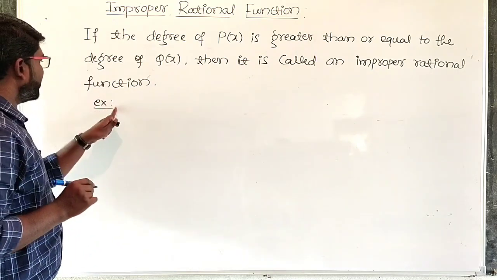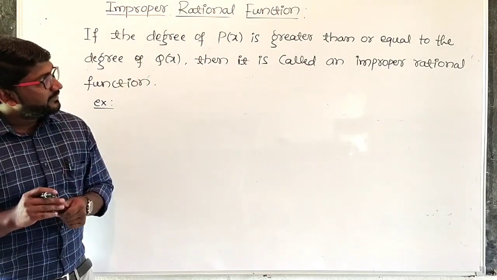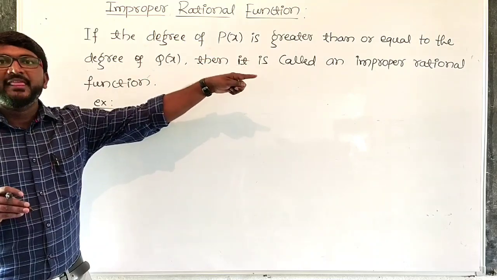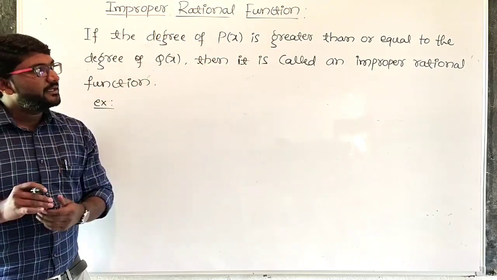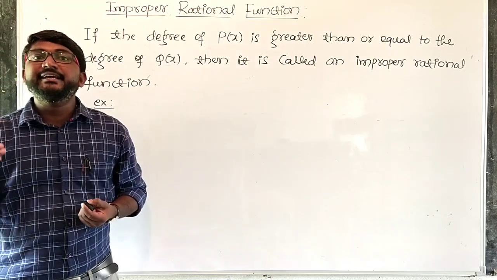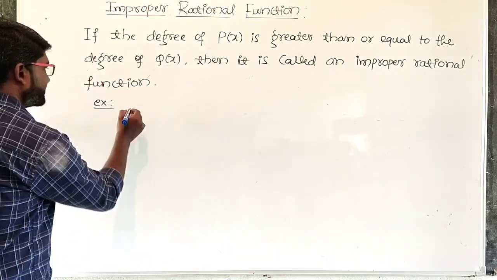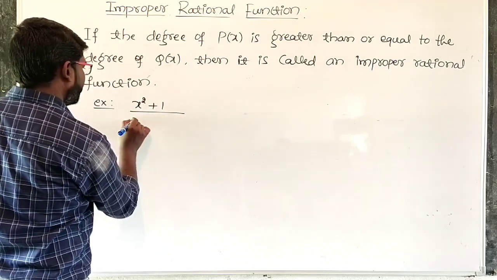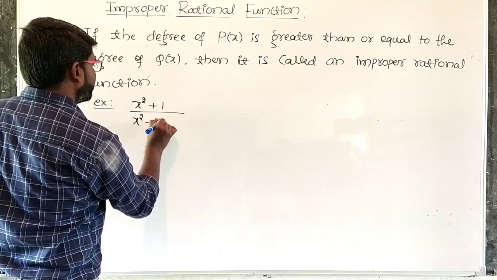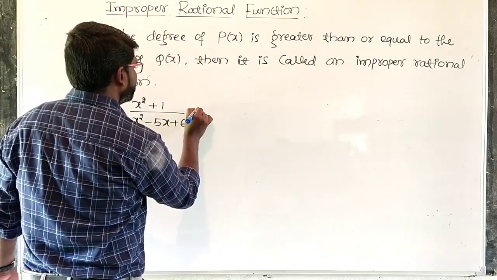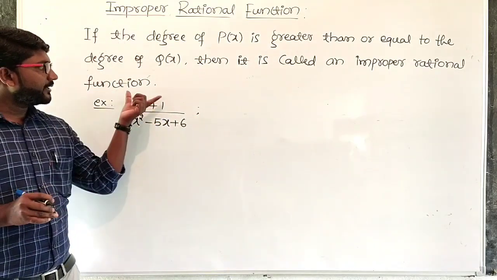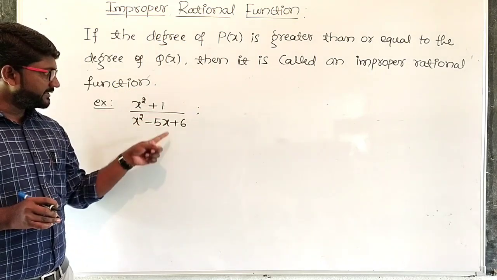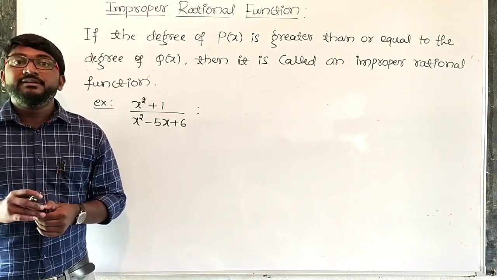Let us give an example for this. Here we have to give two examples: in one, the degree of the numerator is equal to the degree of the denominator, and in the other, the degree of the numerator is greater than the degree of the denominator. First, x square plus 1 divided by x square minus 5x plus 6. Here the degree of p of x is equal to the degree of q of x, so this is an example for improper rational function.